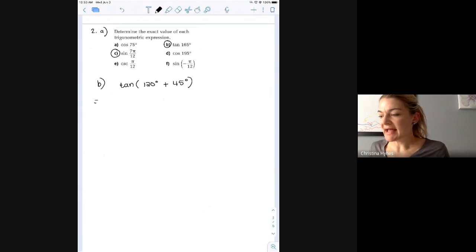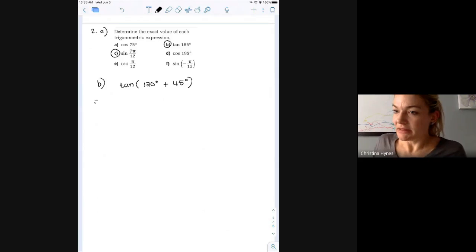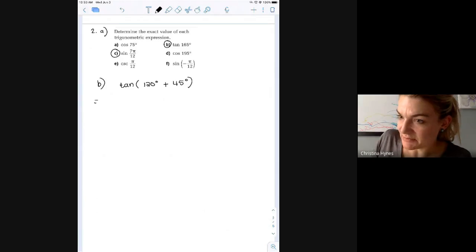And then you want to look at your formula sheet. Your formula sheet, especially for proving and this stuff, helps a lot because you just want to see something that you can replace it with. So we're going to use the identity for tan when you add A plus B. This is A, and this is B. Now you can switch them.